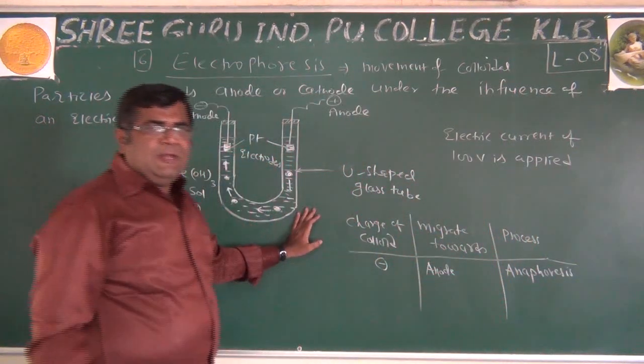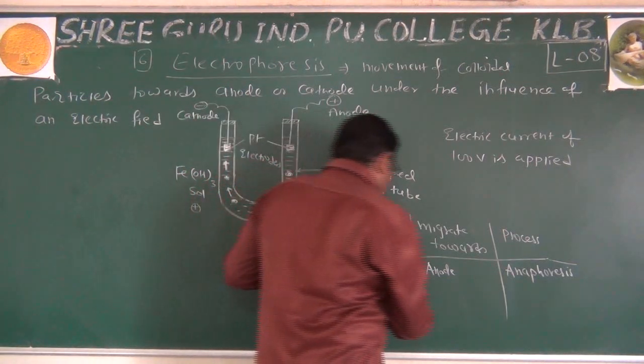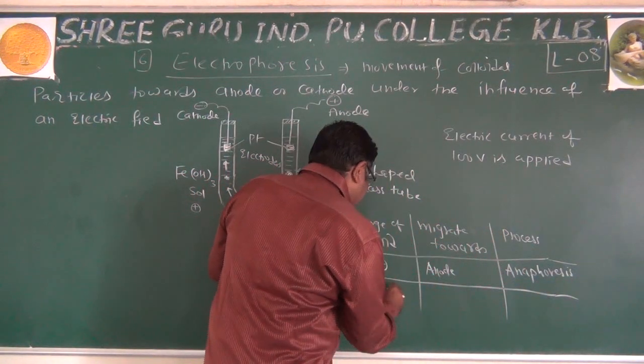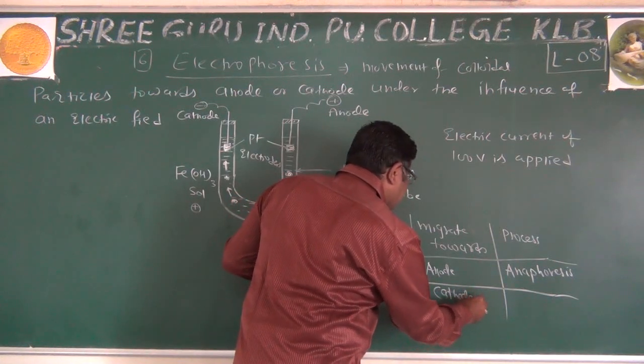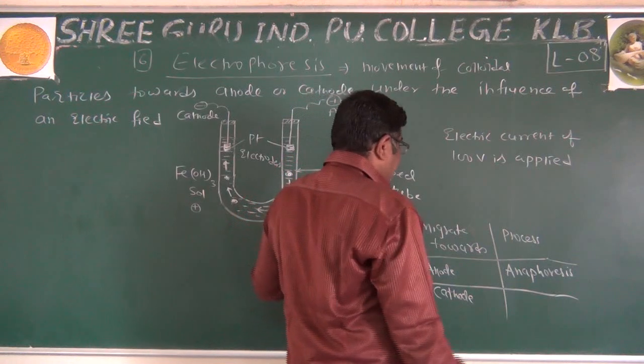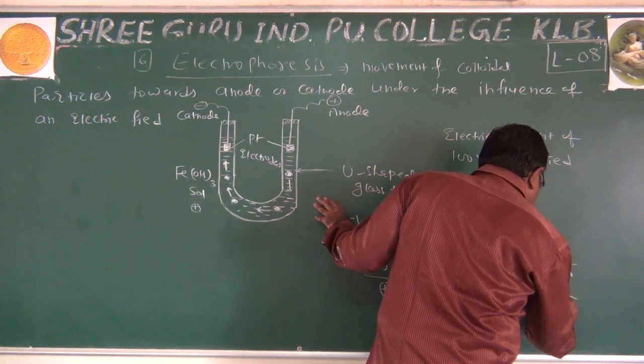Another name is given for anode, anaphoresis, because they are migrating towards anode. If it is positive, they migrate towards cathode, and this is called cataphoresis.